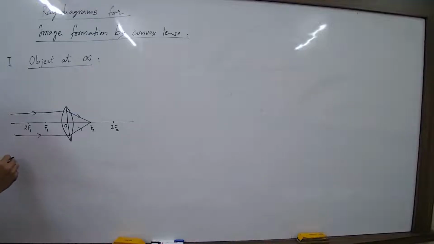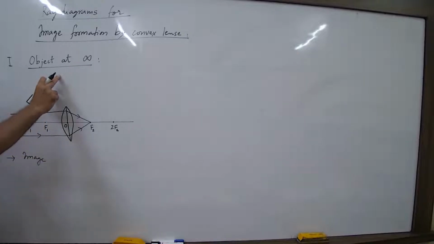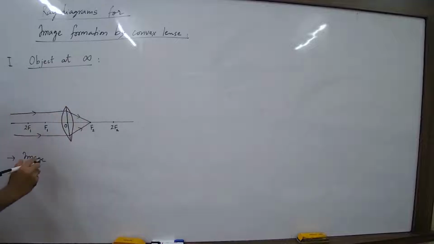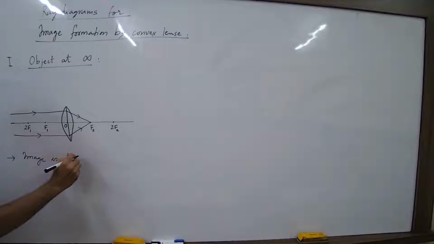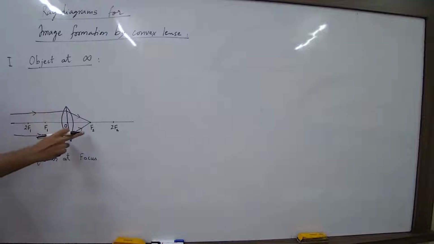So what did we get? When the object is at infinity, the image is at focus. For object at infinity, image is formed at focus, right?